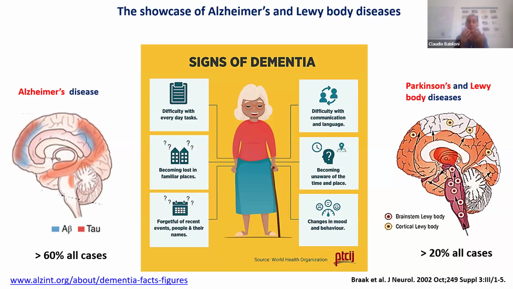Alpha-synuclein is a protein also involved in the synapses and neural transmission. And when this mass of proteins appears within the neurons, they unfortunately die.